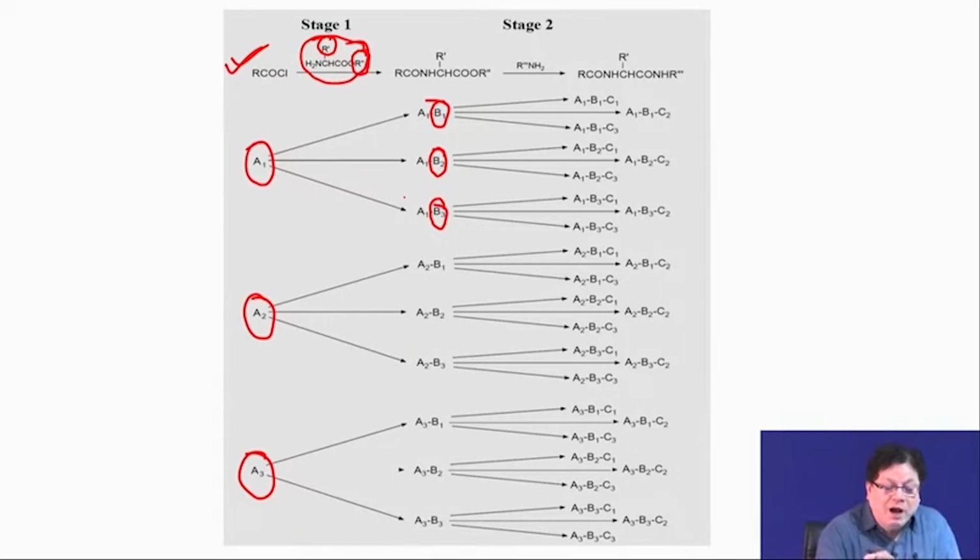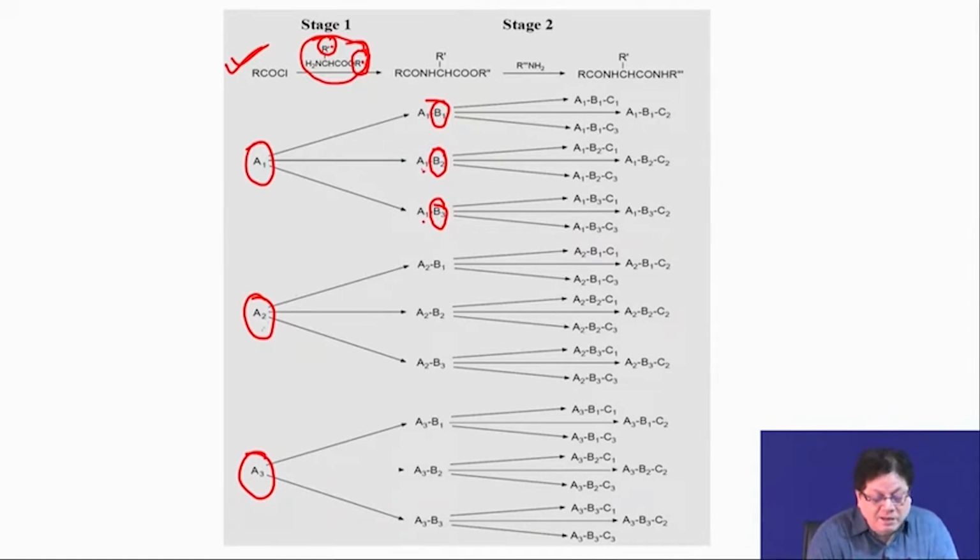So, what I do is, when I take A1 in one test tube, I add this B1, that means this is methyl and that is methyl. So, I will get A1 B1, and in another test tube I will get A1 B2 and then A1 B3.